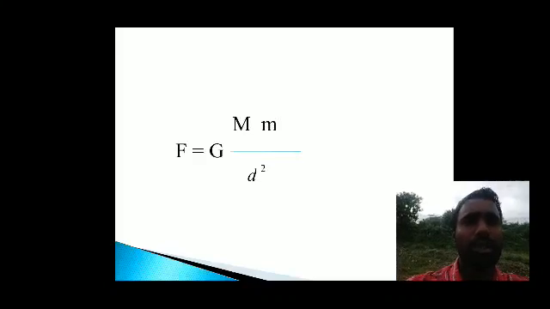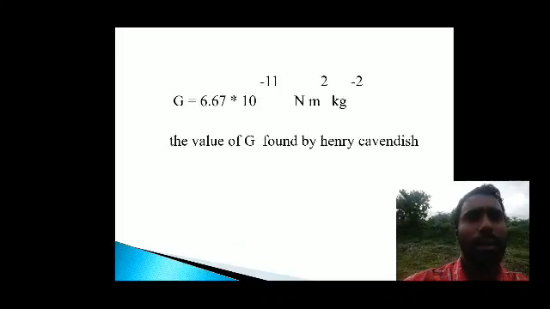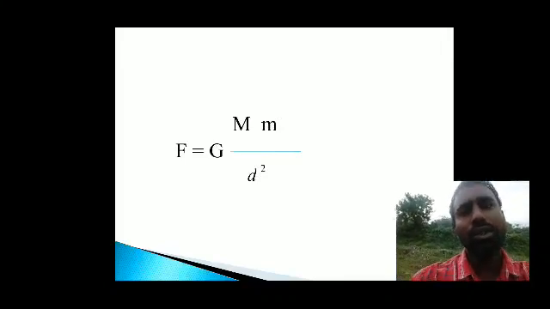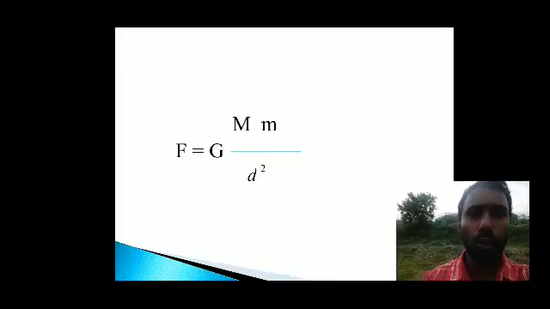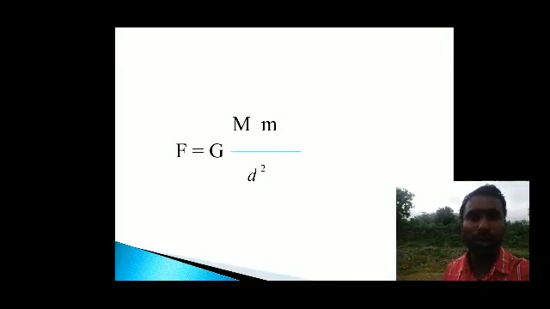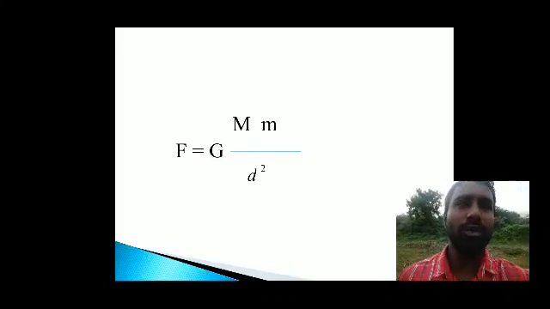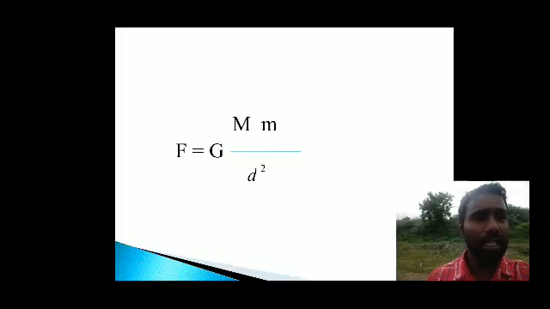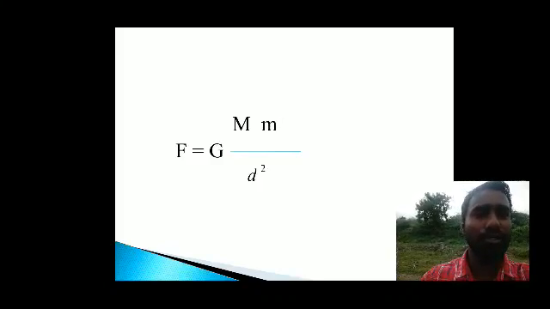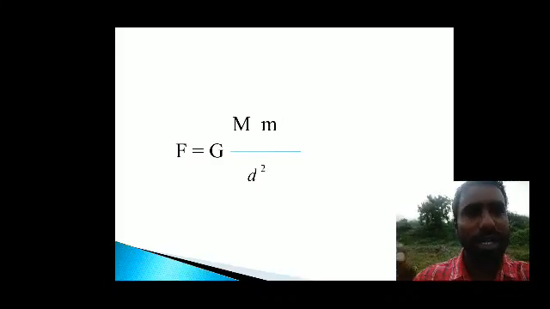If we combine the two, what will happen? F is directly proportional to M m divided by d square. Whenever you have studied in maths, when you take away the proportionality symbol, you have to add a constant value.